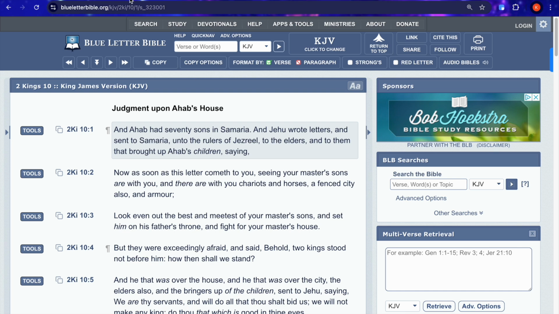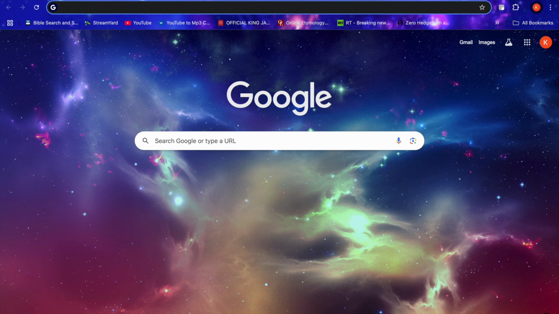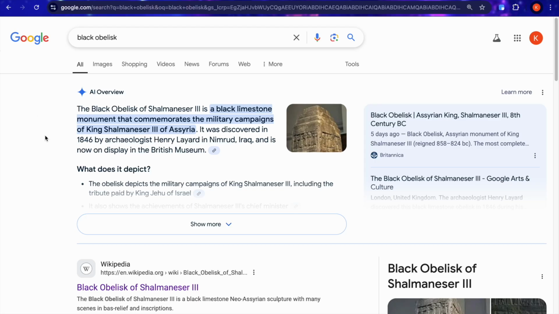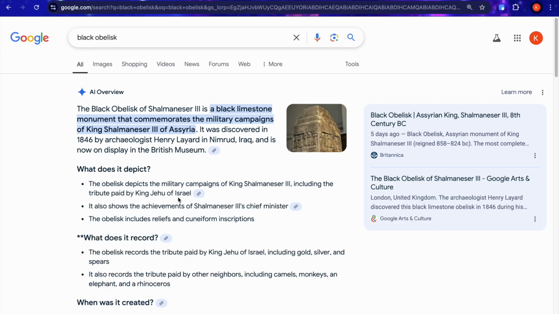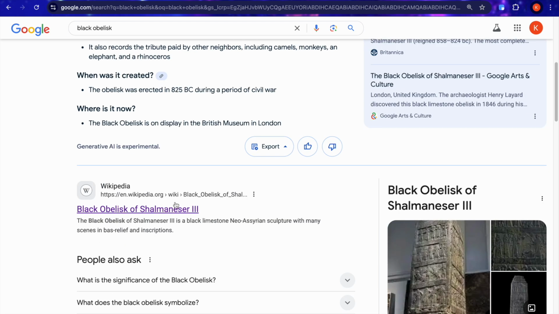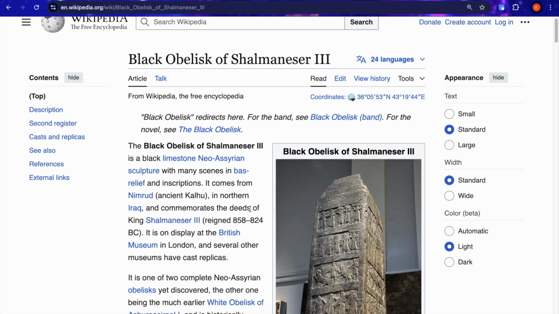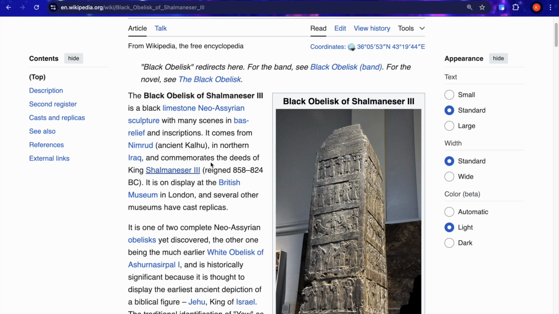Now, something else, I'm going to pull this up here on the side. It's called the Black Obelisk of Shalmaneser III. I think we might have gone into it before, but I want to pull it up again. Just a brief blurb as to what the Black Obelisk is.